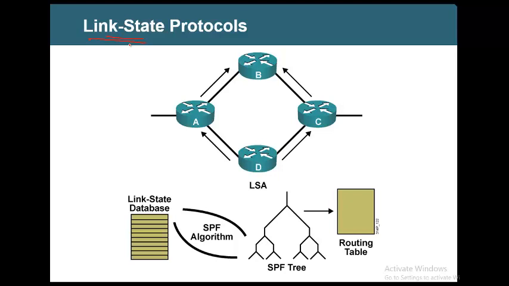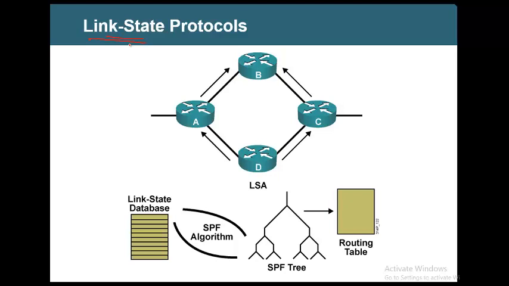Now, these routers, instead of advertising those best routes from the routing table, they advertise the status of every link which is connected to it, using which all other routers will discover the topology.